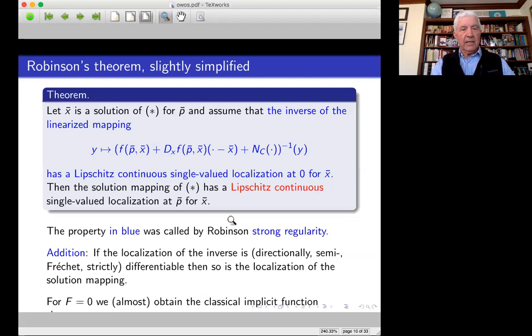This is something which I'm not going to go into, but the main thing here is that first we consider a set-valued mapping, an inclusion, and we don't claim continuous differentiability of the solution mapping, which is actually what happens in optimization with constraints.